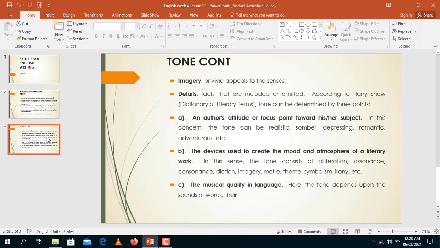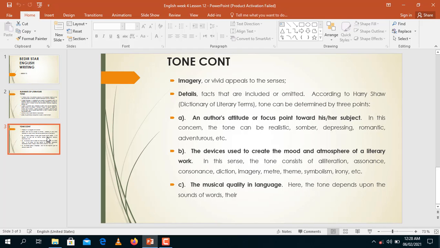And details. An element of tone also constitutes details. These are facts that are included or omitted. According to Harry Shaw's Dictionary, tone can be determined by three points: an author's attitude or focus point.